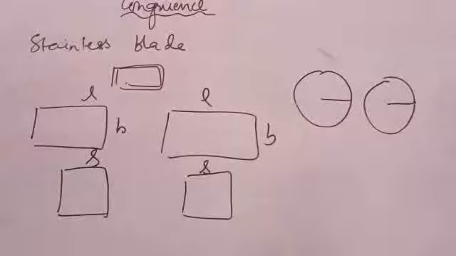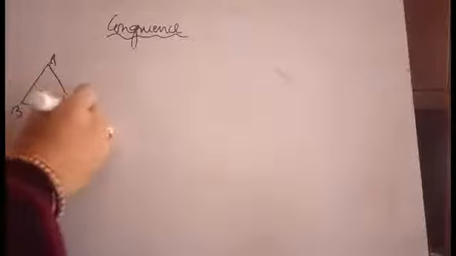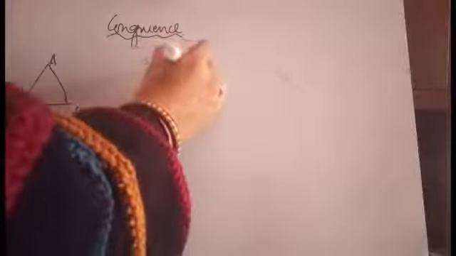So such figures which overlap each other are known as congruent figures, and in this chapter we are going to study the congruency of triangles. Now if you have a triangle, what are the 6 elements of a triangle? 3 sides and 3 angles.